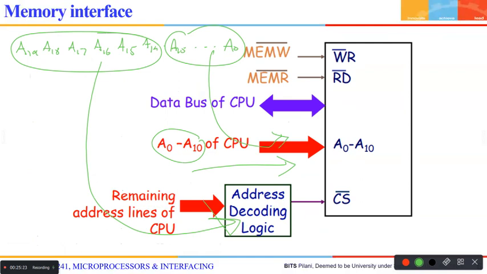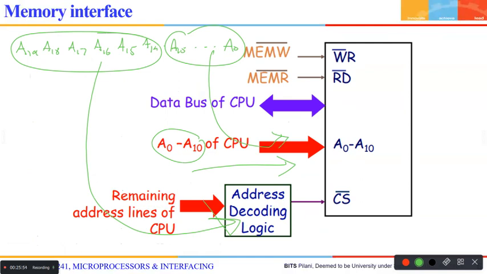What is the purpose of the address generated by the microprocessor? To locate a memory. We are using A0 to A10 directly as the address lines of the memory chip itself. The remaining A14 to A19 also have to be used, and this is used as an input to the address decoding logic.